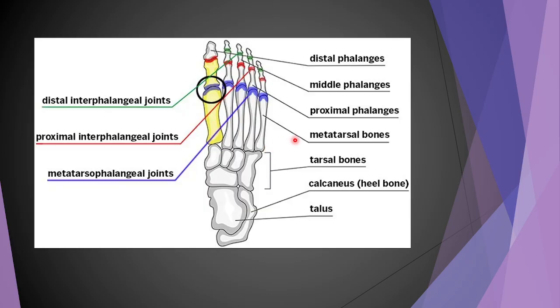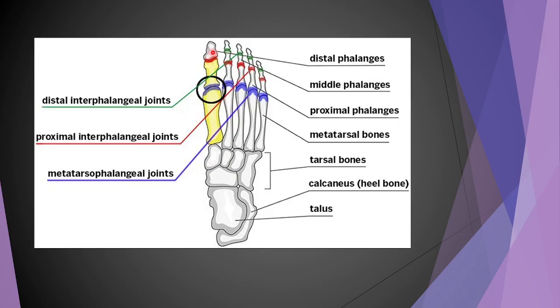What is this one? This is the metatarsophalangeal joint, because here is a metatarsal and here are the phalanges. That connecting joint is known as the metatarsophalangeal joint. So there are five metatarsophalangeal joints.